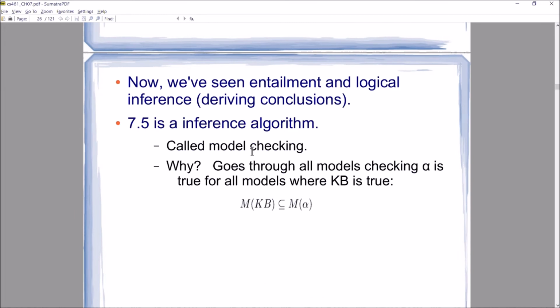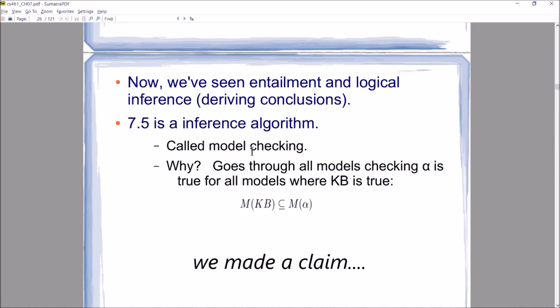So as I was saying, we saw an example of entailment, right? We did logical inference. We came up with some conclusions. We derived conclusions based off of all of the possible configurations of values to variables. What we were doing is performing an inference algorithm where we considered all the combinations of variables assigned values and checked those against some statement.